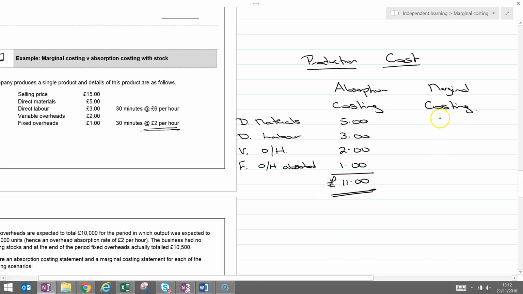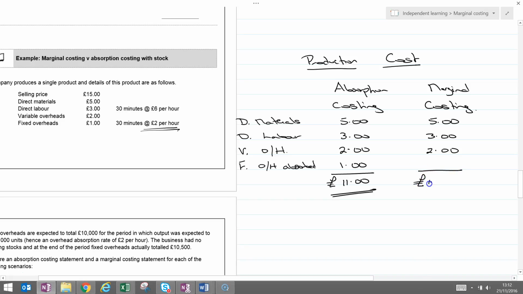Now looking at marginal costing, remember under marginal costing our production cost will be our variable cost. So we will still have the direct material because that's a variable cost. We will still have the direct labour, that is a variable cost. We will still have the variable overhead, but we will not include the fixed overhead.